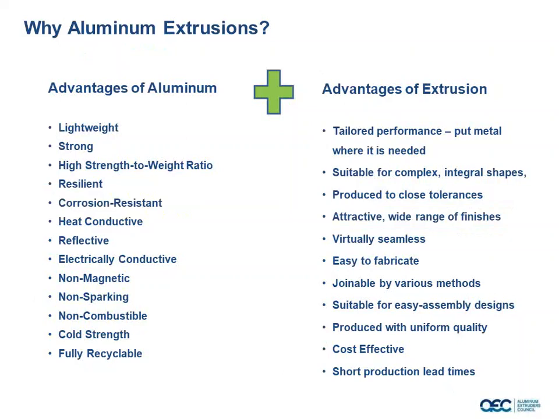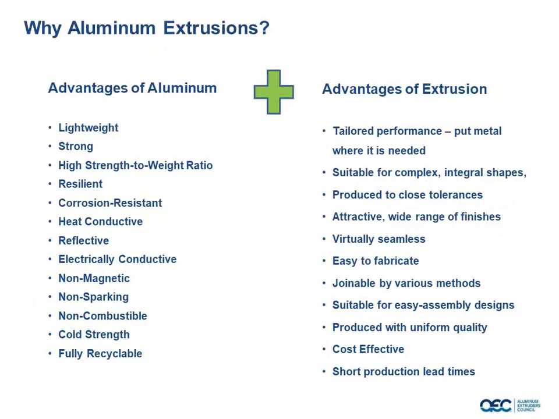So as a starting point, just a few brief bullets on the advantages of using aluminum as a material, and then the advantages of using the aluminum extrusion process to form that material. Some of the most common recognized characteristics of aluminum are that it is lightweight and strong and has a high strength to weight ratio.